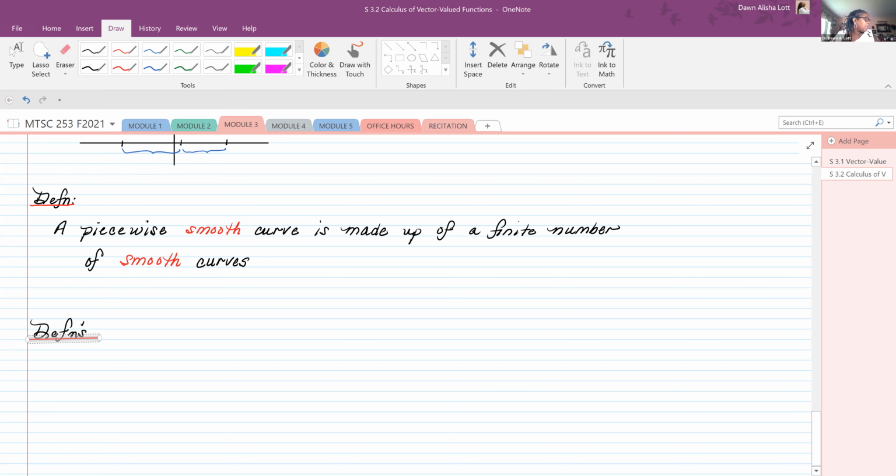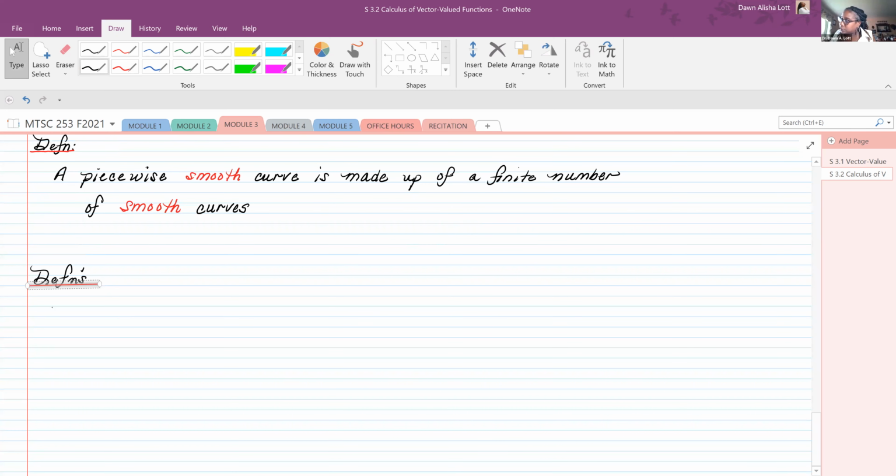So we want to let r of t be a position vector of a particle moving along a smooth curve in space.